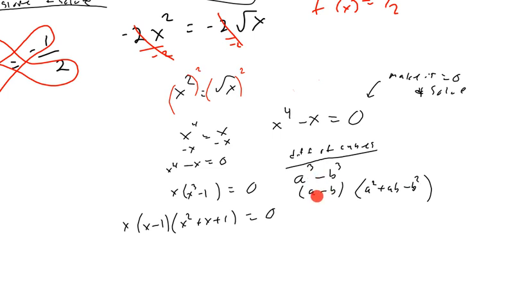You keep the a and the b, and my a in this case is x, and my b is 1. So when I factor this, I got x minus 1. That's this a minus b part, x minus 1. And then square the x, right? a squared, plus 1 times x is just x. It should be plus, always plus. Plus 1 squared is 1.